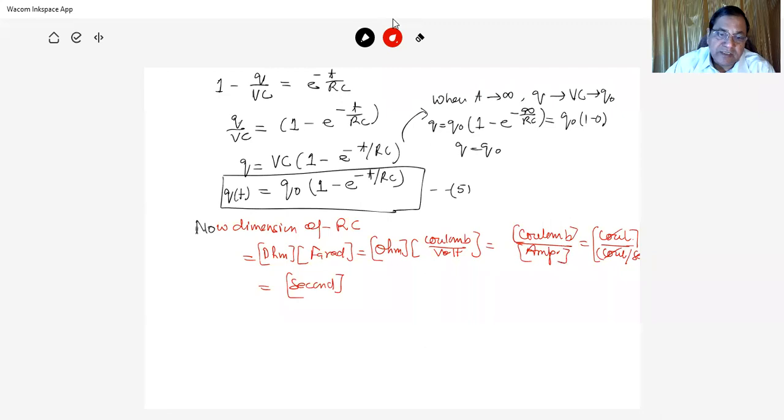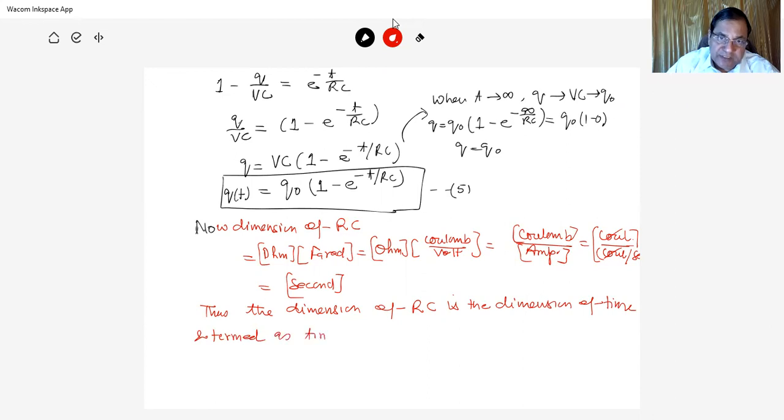So the dimension of RC is the dimension of time, and termed as time constant.